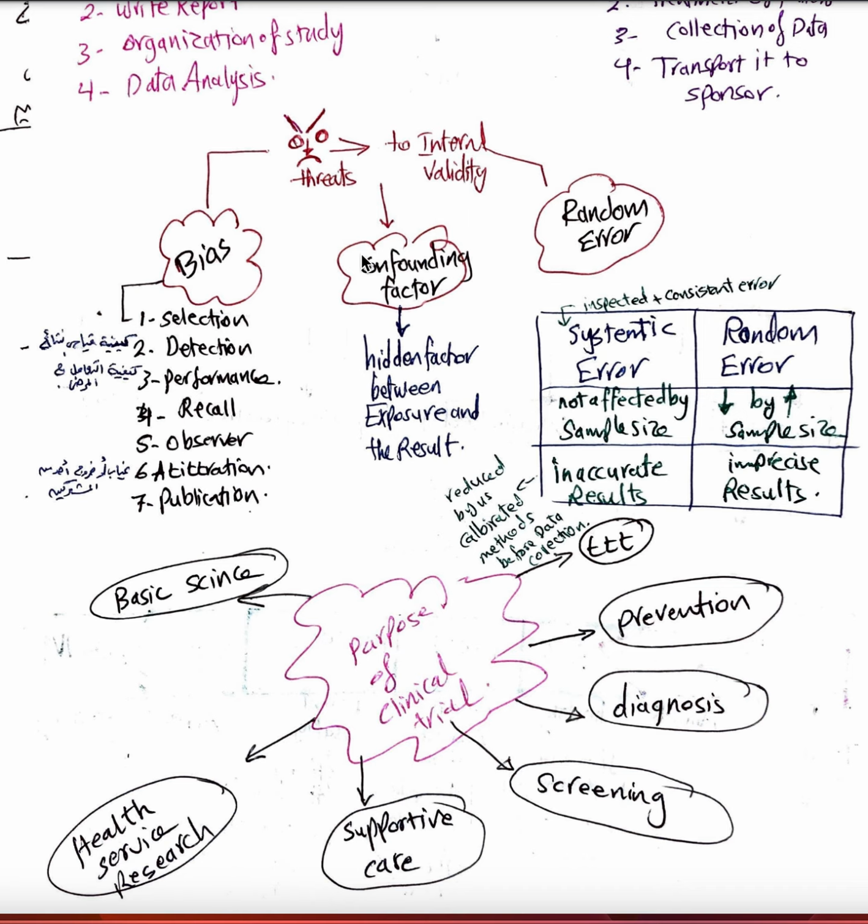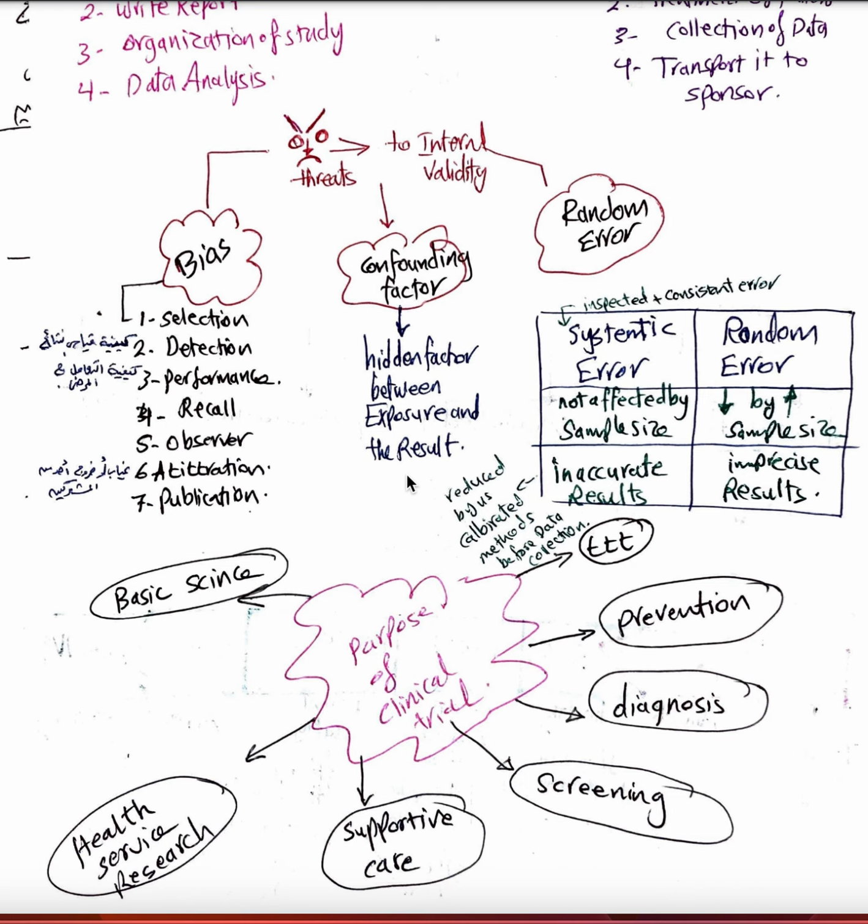And then we go to the confounding factors, which is one of the threats to the internal validity. And what is a confounding factor? Actually, as I said, it's a hidden factor between exposure and the results, or we can say it's a variable that influences both exposure and the results and distorts the observed relationship.